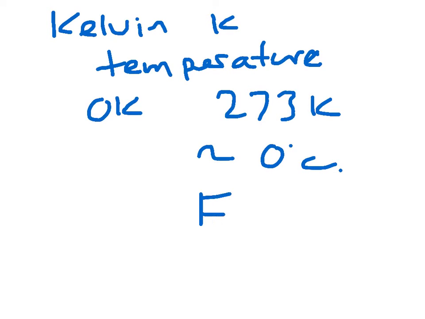No idea what it is in Fahrenheit because only the crazy Americans use Fahrenheit, so we're not going to be bothering with that. Okay, so there'll be lots of calculations where you need the temperature, and there's some where you've got to turn it into Kelvin. But don't forget the base unit is the Kelvin.